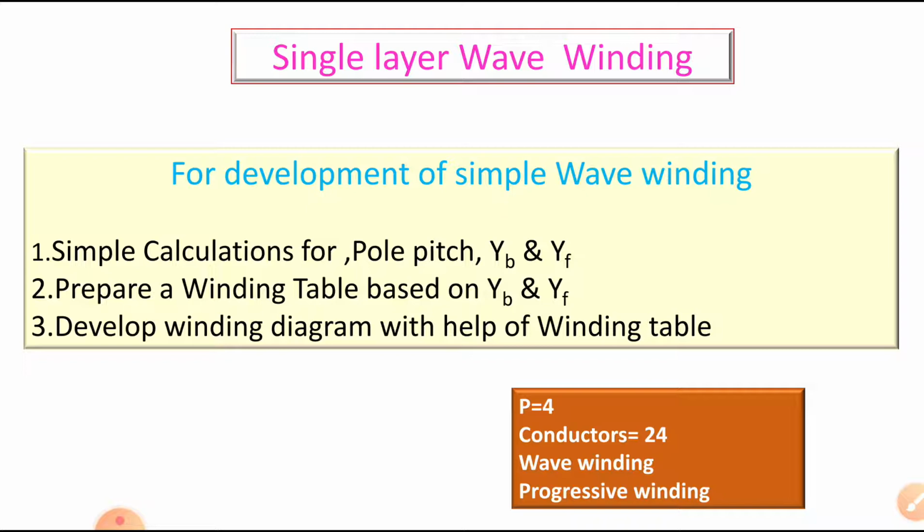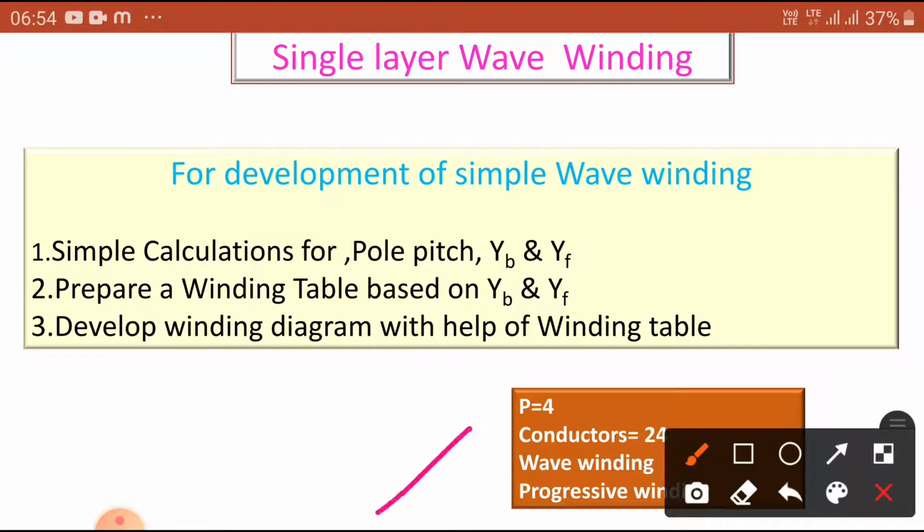Let us assume one problem is given, with constraints. Let us take one example: develop a wave winding for a single phase AC machine having 24 slots, with one conductor per slot, each conductor placed in each slot.